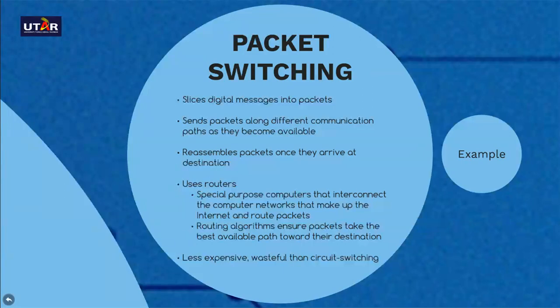Of course, they are supported by routing algorithms. This is to ensure that all the packets take the best available path towards their destination, and the cost of implementation is less expensive compared to circuit switching.